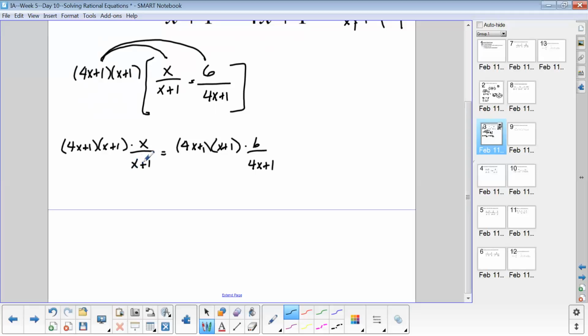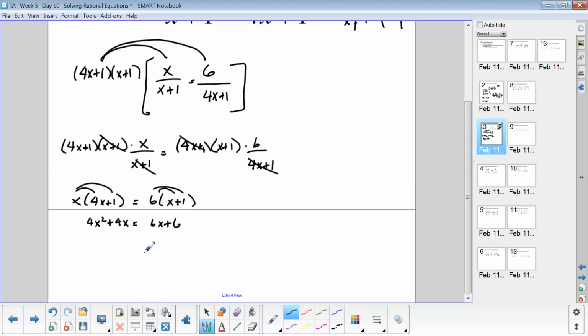So you see what will divide? These will divide out, and you're left with x times 4x plus 1 is equal to, well, the 4x plus 1's divide out, and you're left with 6 times x plus 1. So we go ahead and distribute, and I get 4x squared plus 4x is equal to 6x plus 6.